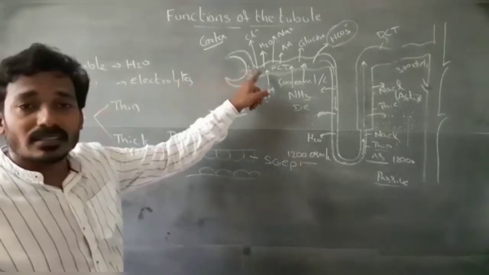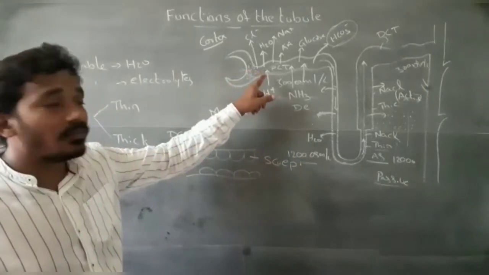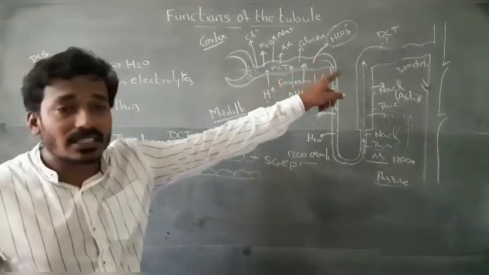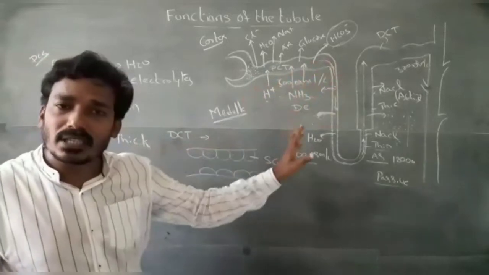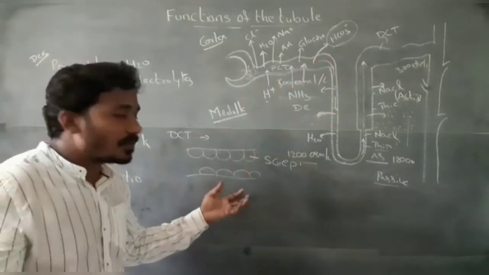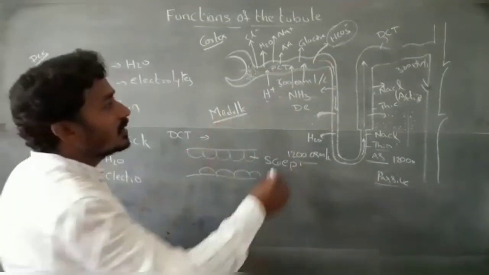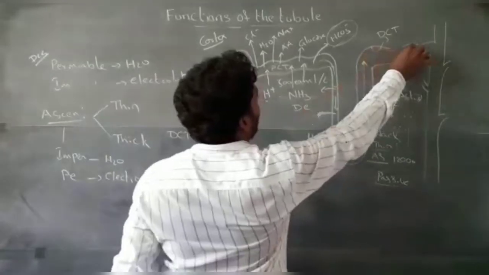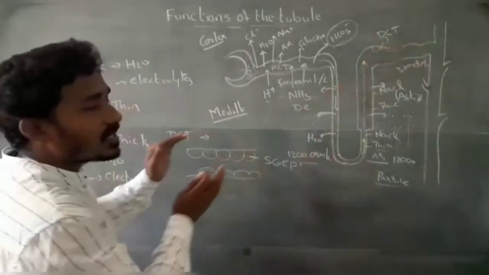In PCT, simple cuboidal epithelium has microvilli. In DCT, simple cuboidal epithelium is without microvilli. So the absorption is very little because of the absence of microvilli.